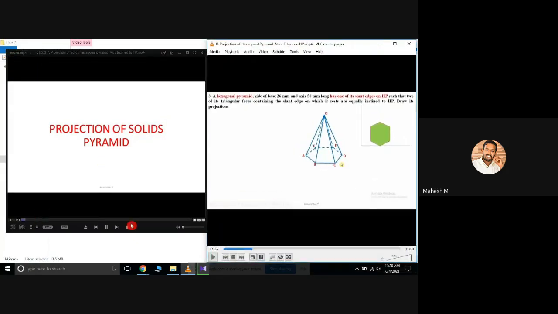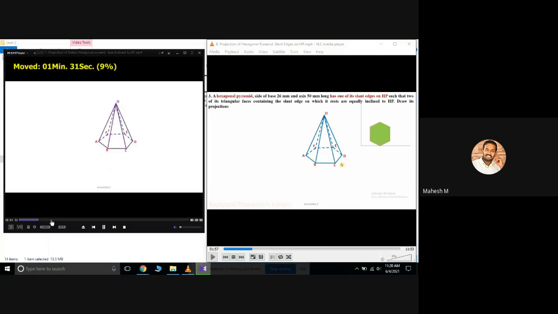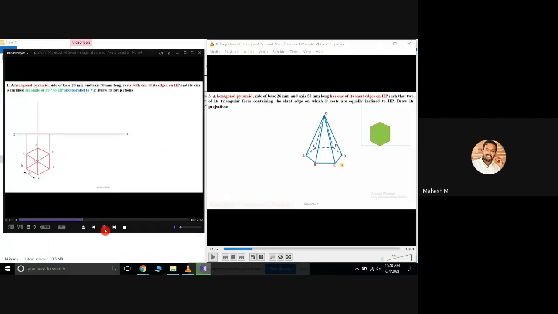Okay, so this is our previous problem. The solid pyramid rests with one of its edges on HP, so it is an edge hexagon. Please look at this. Based on this condition, you will create your front view.